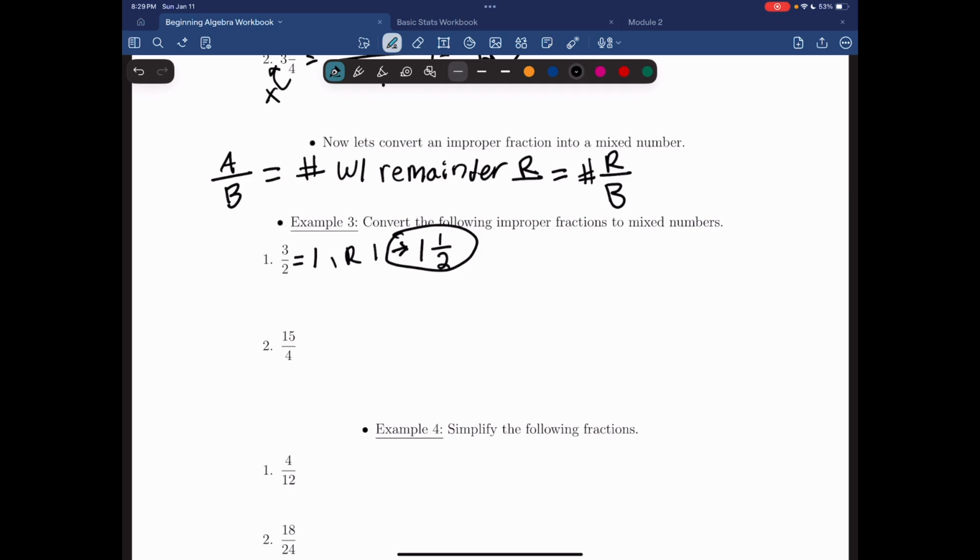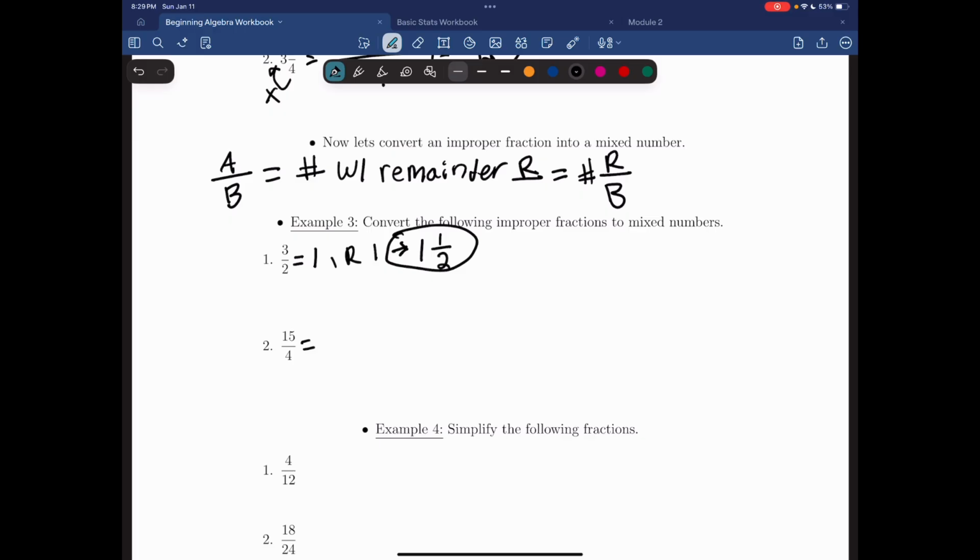Now I encourage you to pause the video and try example number 2 on your own. And assuming you have given it a go, let's work through it. So we have to ask ourselves the question, how many times does 4 go into 15? Well, let's see, we have 4, 8, 12, 16. Oh, 16 is larger than 15, so we can only go up to 12.